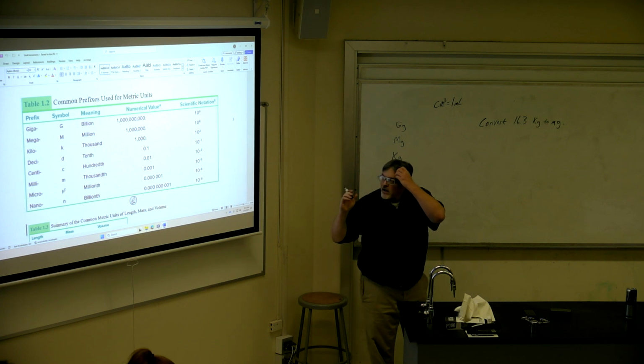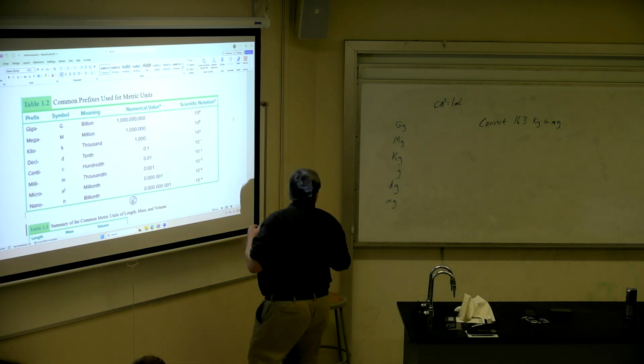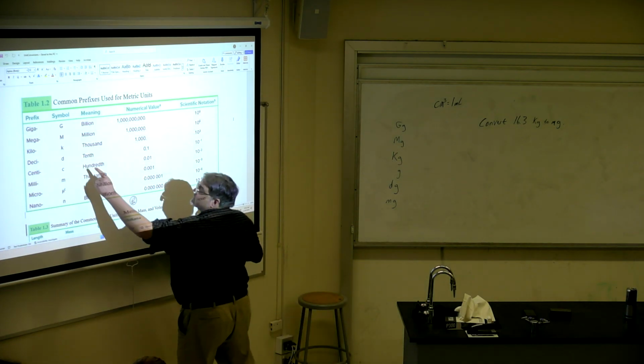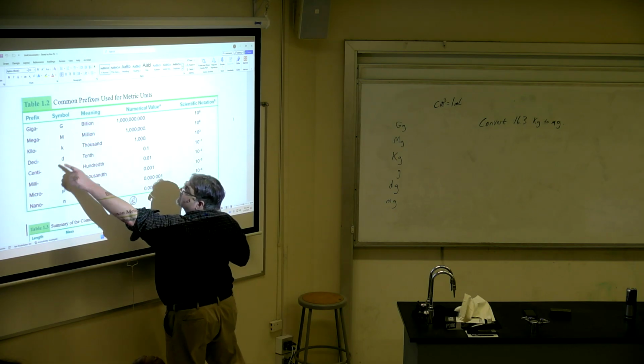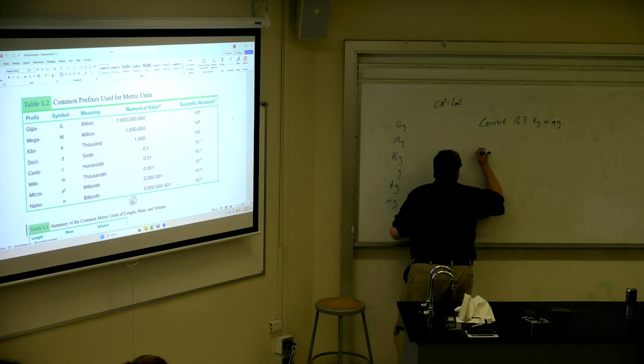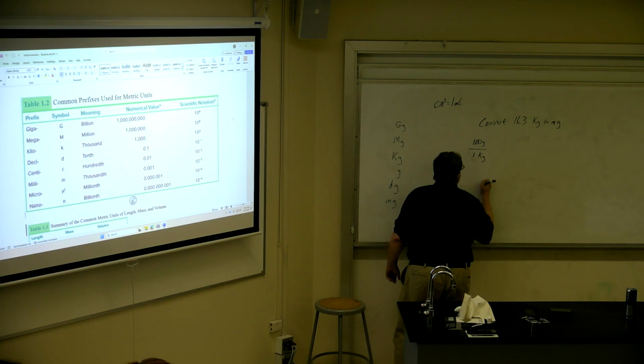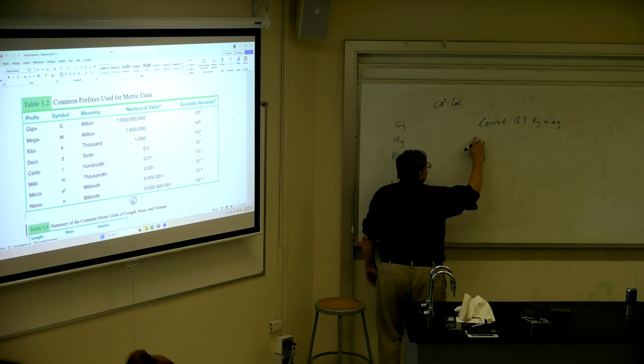But if one of them isn't the base unit, first of all, okay, kilograms to grams. So here's kilograms, 1,000. So you would go, I meant that to say 1,000.